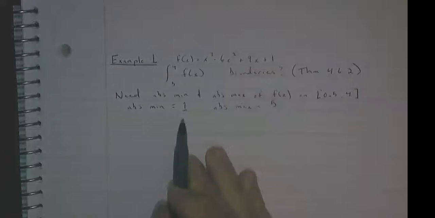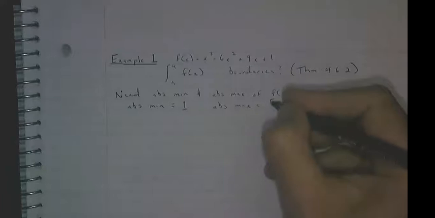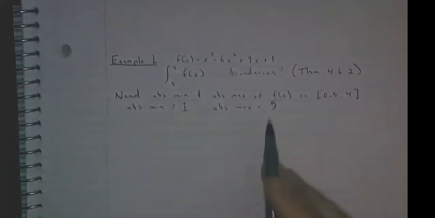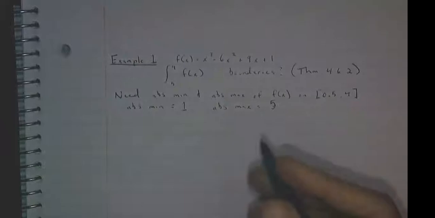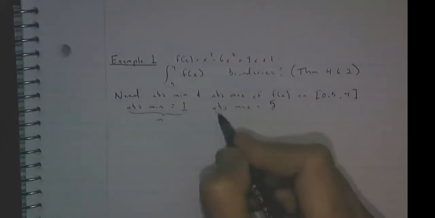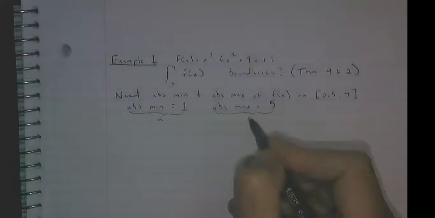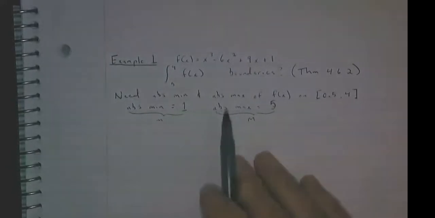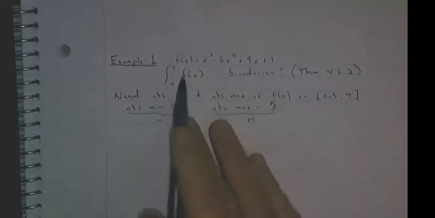The absolute minimum happens at x equals 3, but it is equal to 1. That's the stumbling block that I warned you guys about, and I almost just stumbled on it. So now we can use this as our little m, this as our big M, and applying 4.6.2, we can come up with a range of values that this definite integral must fall into.